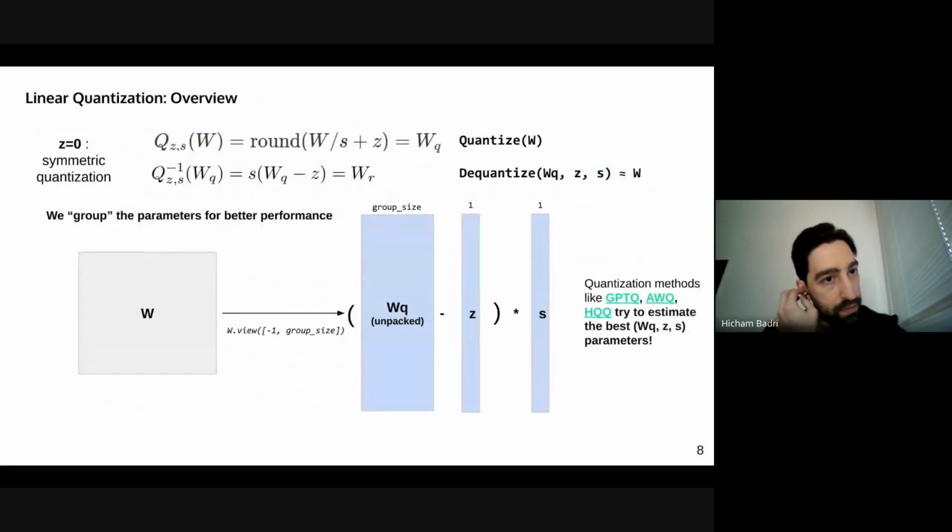Linear quantization, as I said, is very simple. The quantization step is basically a linear operation. You have what is called a zero point Z and a scaling factor. When your zeros are 0, we call it symmetric. When your zeros are non-zero, we call it asymmetric.